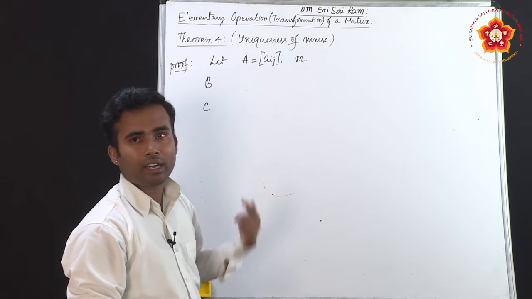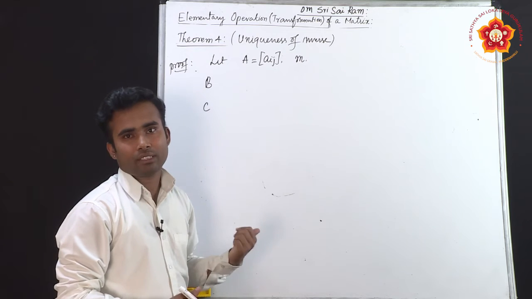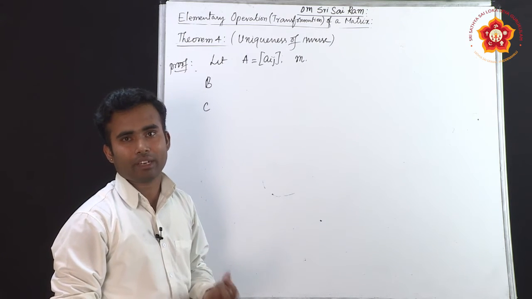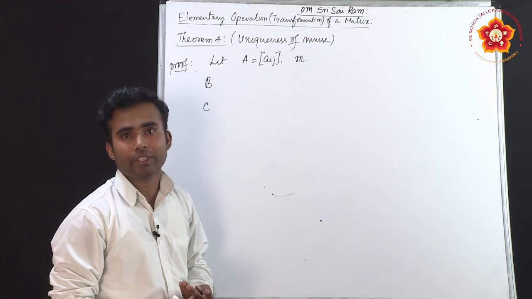My statement is that we have two inverse matrices for matrix A, and in the end we arrive at the contradiction of that statement.